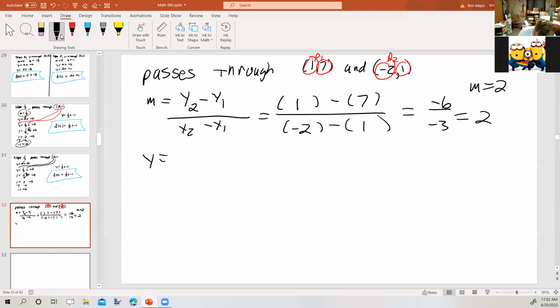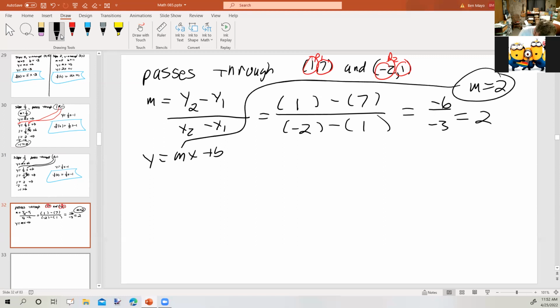So using y equals mx plus b, and the 2 goes right there. Okay, now we've got a situation like we did a little while ago. We know the slope. We don't know the y-intercept, but we've got ordered pairs. We've got 2 of them. Let's just use one of them. It doesn't matter which one we use as long as I use all of the same points.